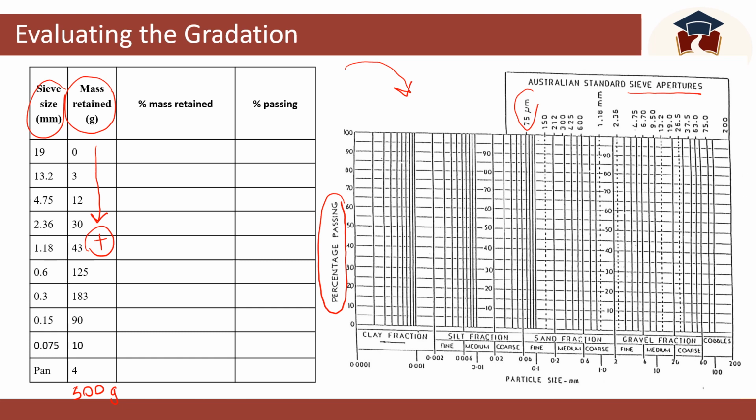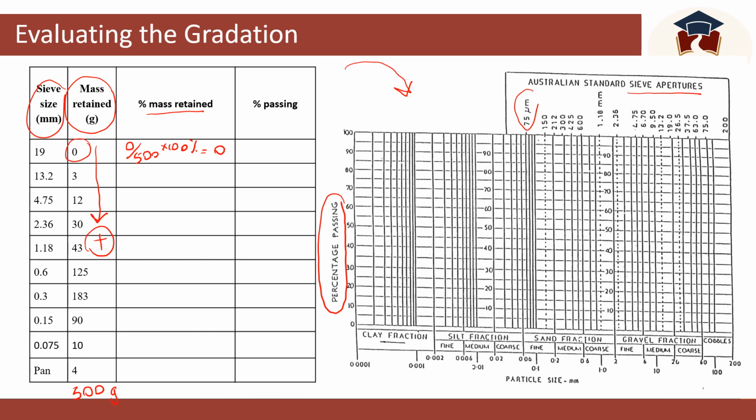Now we need to find the percentage mass retained. So we use 500. Out of the 500, 0 retained, so nothing retained. So 0 divided by 500 times 100% will give you the percentage mass retained. So in this one it will be 0%.